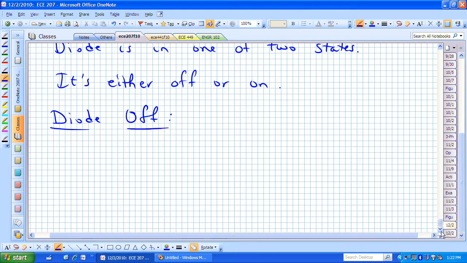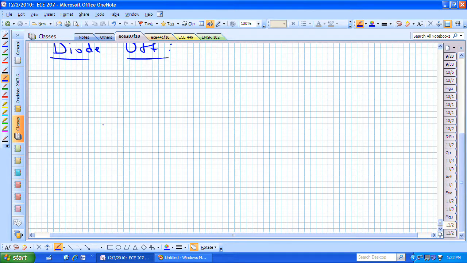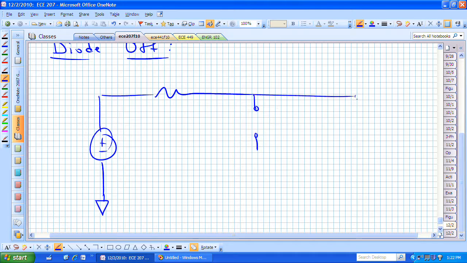If the diode is off, what we have is then a circuit. It really doesn't matter necessarily what's going on here at this point, but it will determine when we are off and on.